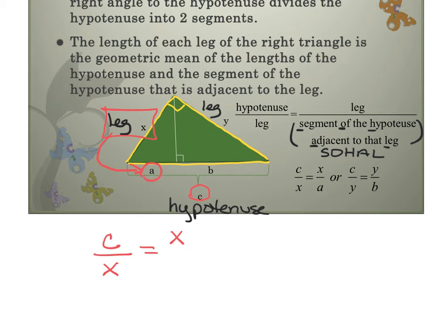It's A. So this segment that's next to or adjacent to that leg goes in that proportion.